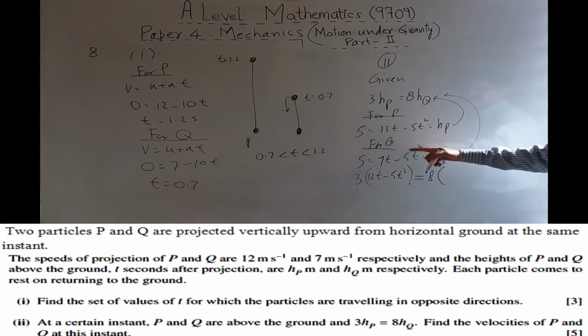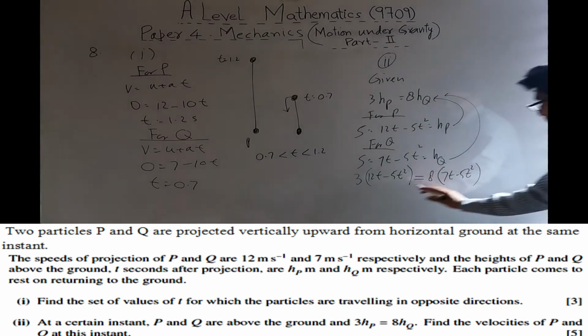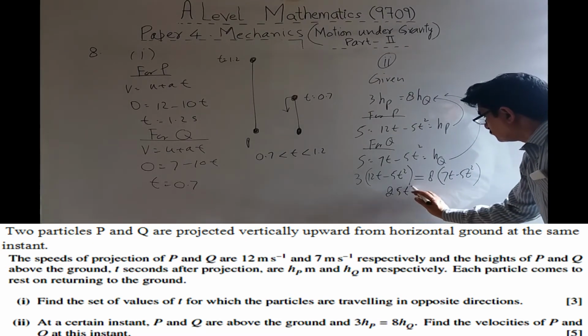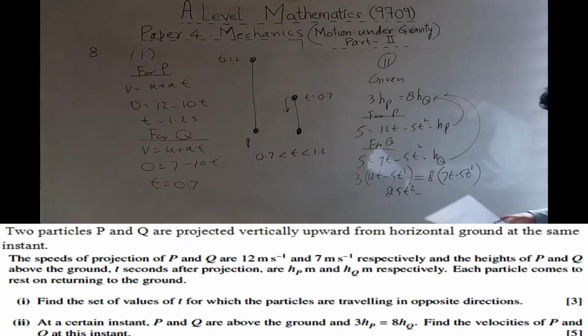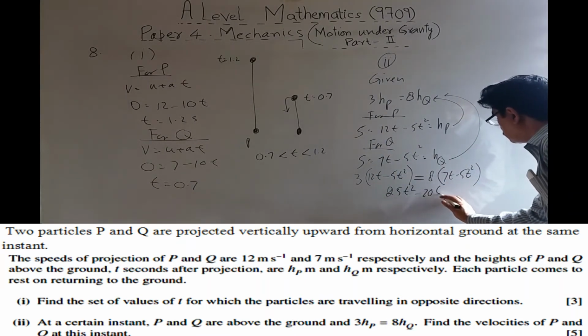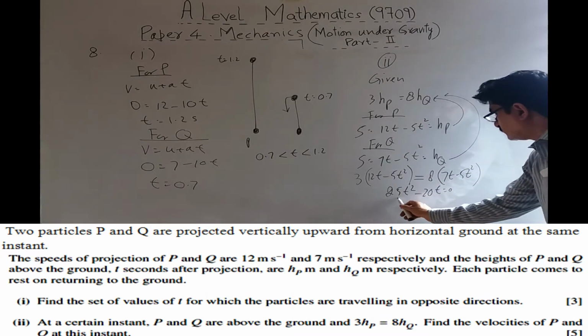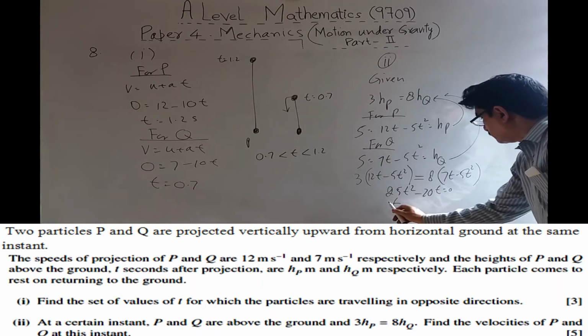The distance of q is 7t minus 5t square. Now I am saving your time. If you simplify these, you will get a quadratic equation, but a two-term quadratic equation, 25t square minus 20t is equal to 0.